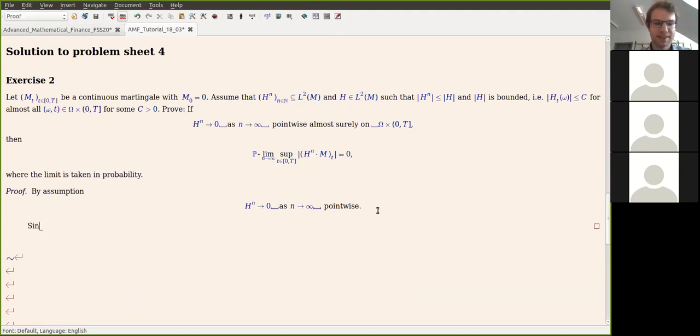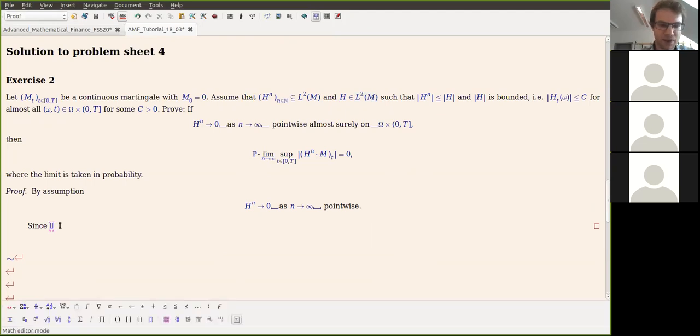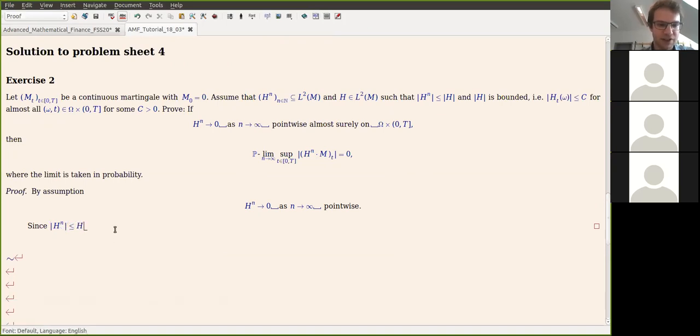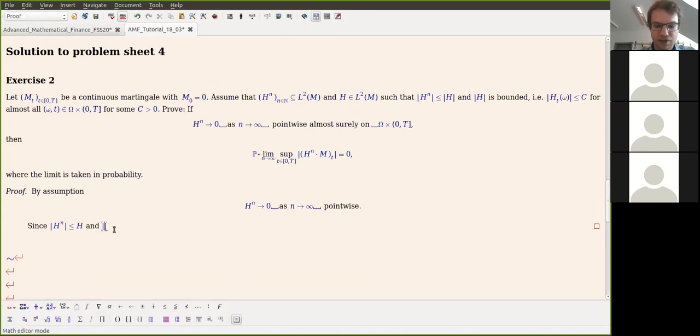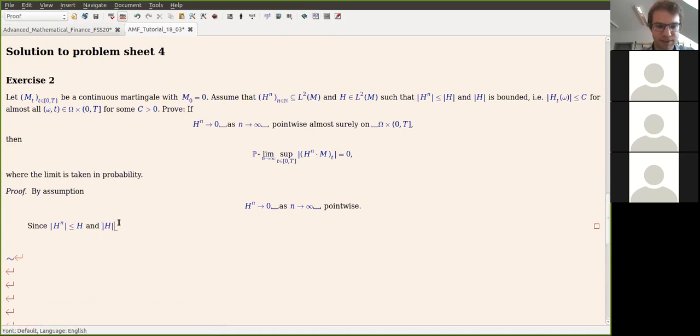We use the obvious thing that we know, that these Hn are bounded by a function H, and the absolute value of H is also bounded. Why do I want to have everything bounded?